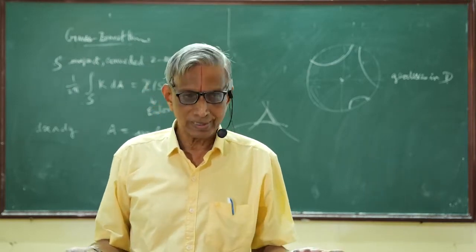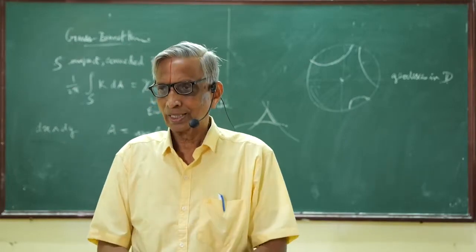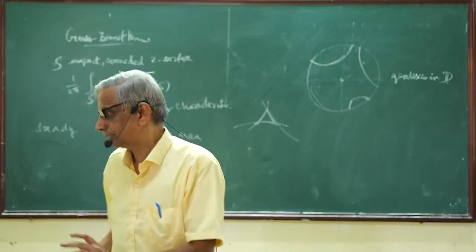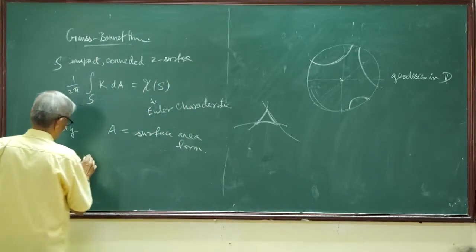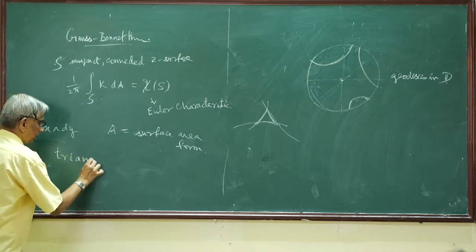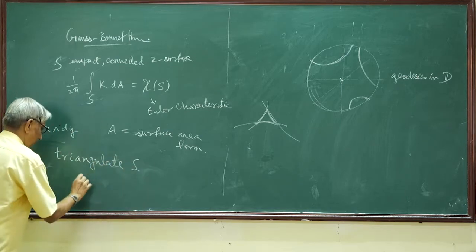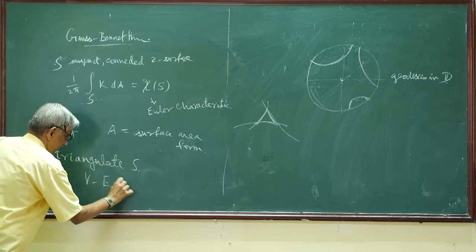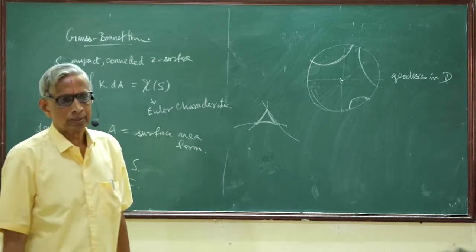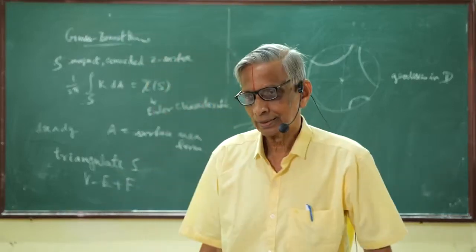Of course, this is not unique. You can divide any triangle into further smaller triangles and so on. But the quantity: triangulate S, and you look at V minus E plus F. This is a constant, as the theorem of Euler says.